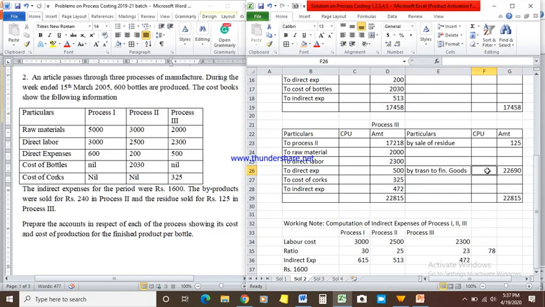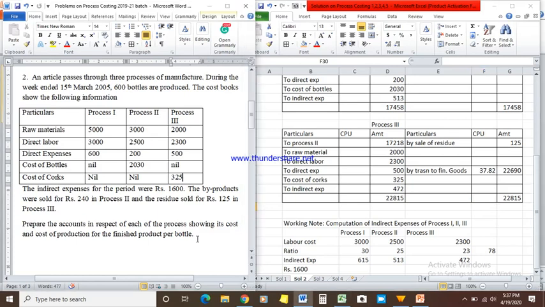Now since we have manufactured 600 bottles, the cost per unit comes to 22,690 divided by 600, so 37.817. I just round it off to 2 decimal places, so it comes to 37.82 per bottle. So it means cost of manufacturing the 600 bottles is 22,690, and the cost per unit of manufacturing the bottle is 37.82. So in this way we prepare the process accounts.